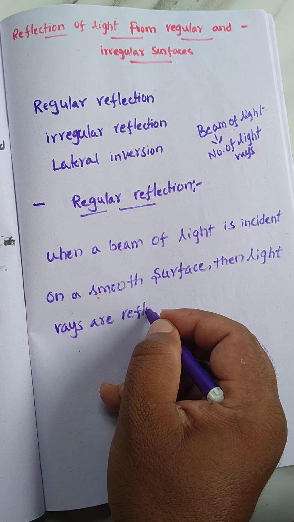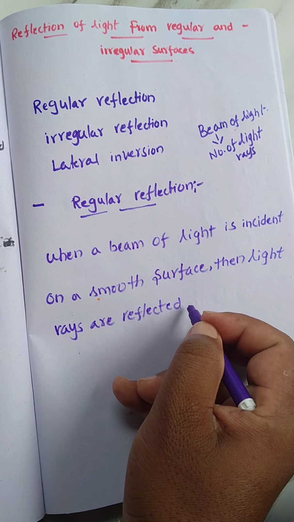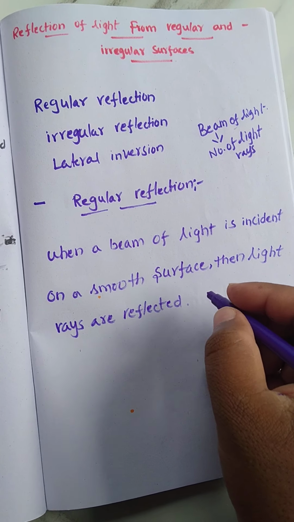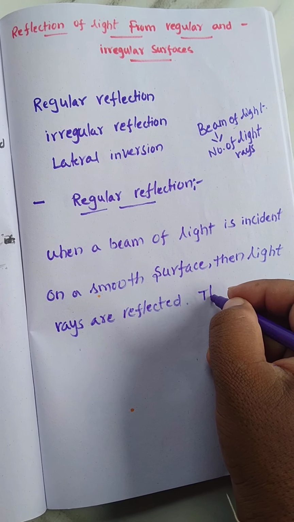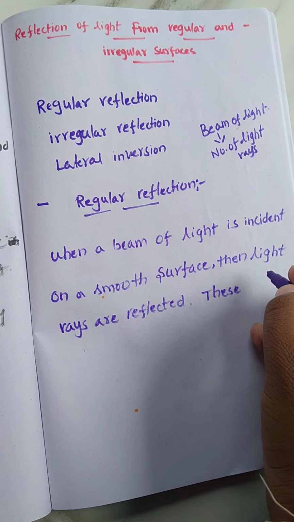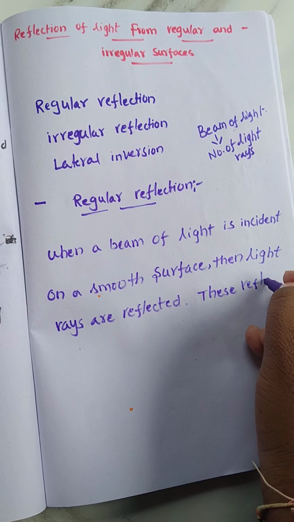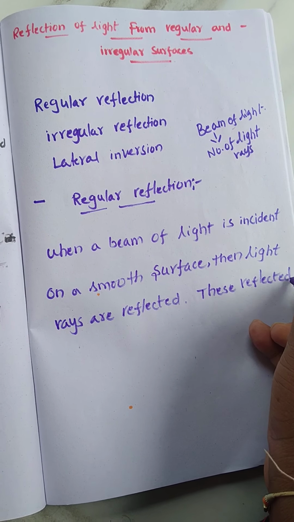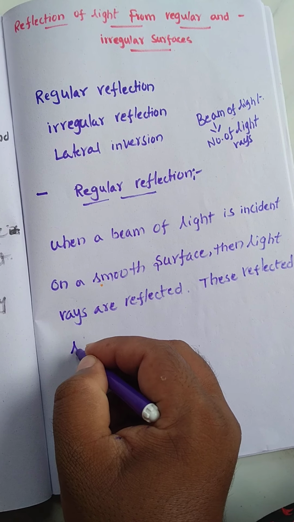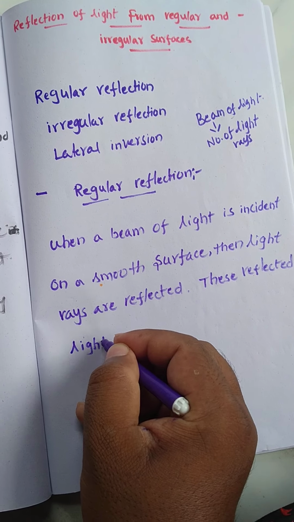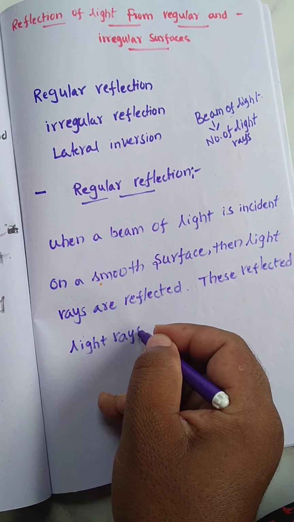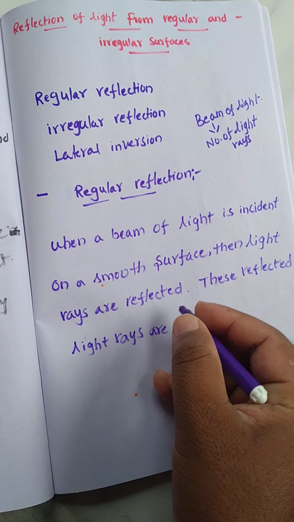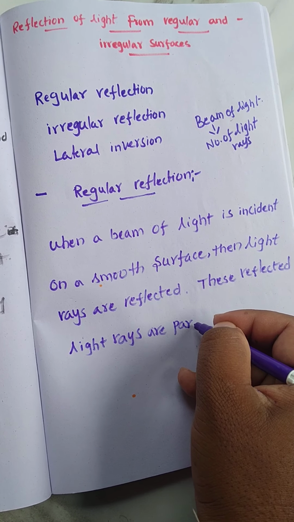But these reflected light rays, what happens then? These reflected light rays are parallel to each other.